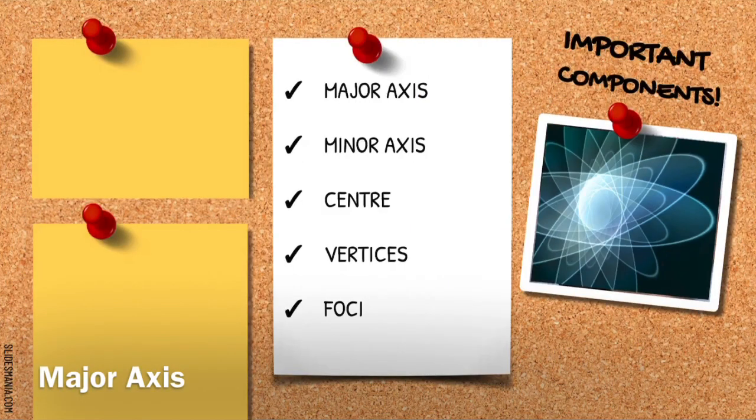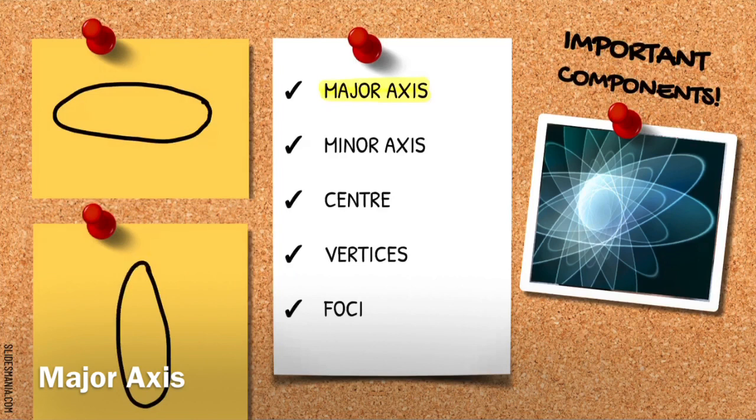Now let's see a few important components of an ellipse. The first one is the major axis. When you draw an ellipse, you should have a major axis. Let me show you from the two graphs of our ellipse. One is open horizontally, another one is open vertically.